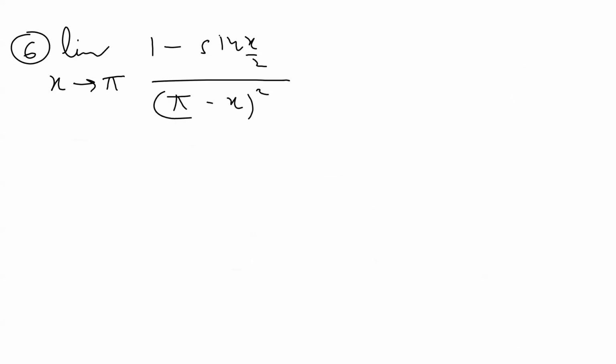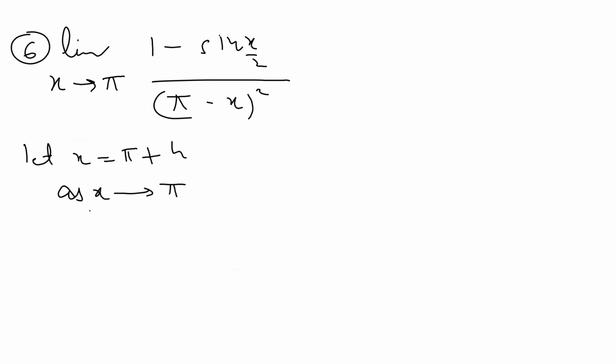Limit x approaches towards pi, 1 minus sine x by 2 upon pi minus x the whole square. Let x is equal to pi plus h.